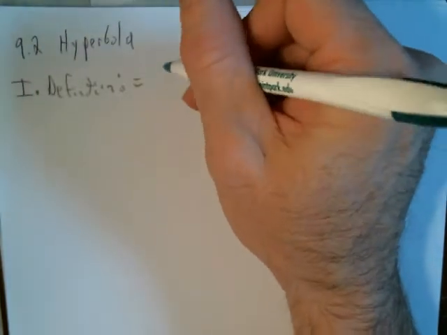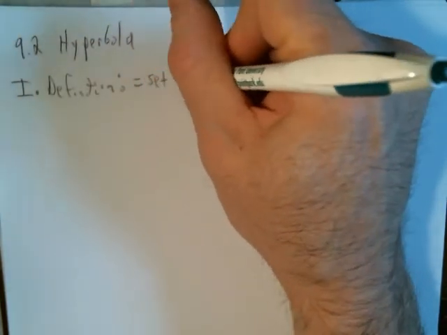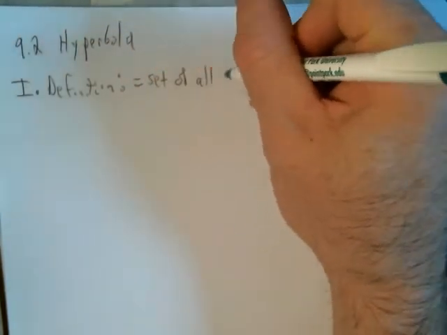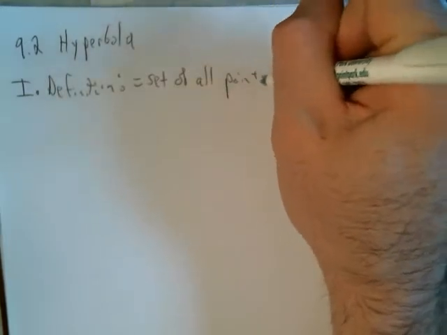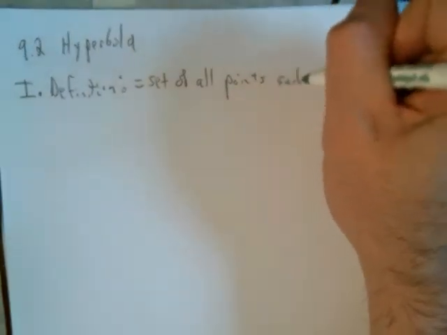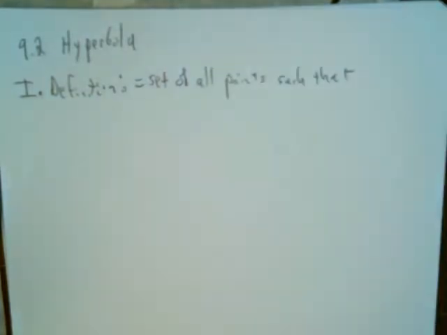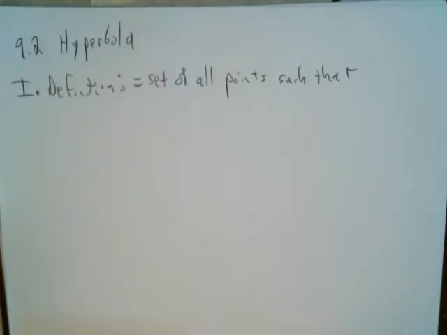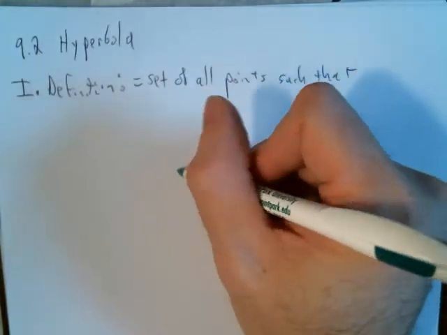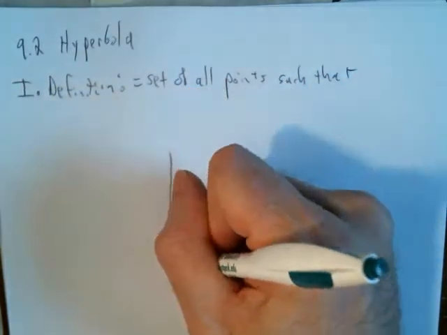For the hyperbola, it's the difference of the distance to the foci. So it's a set of all points such that. And again, I'll draw you a picture to motivate the algebraic definition.